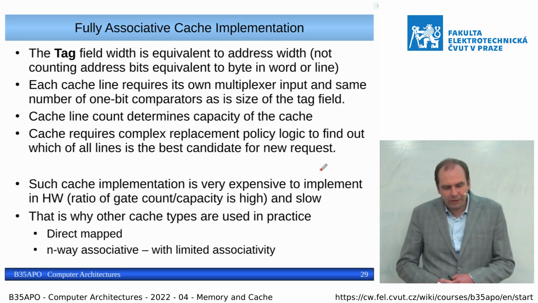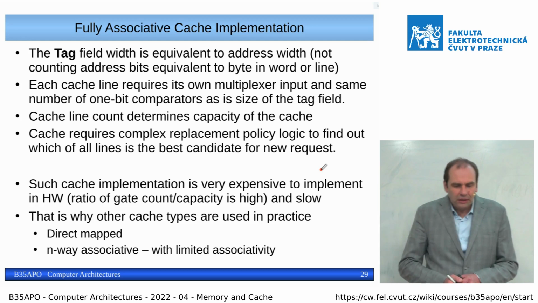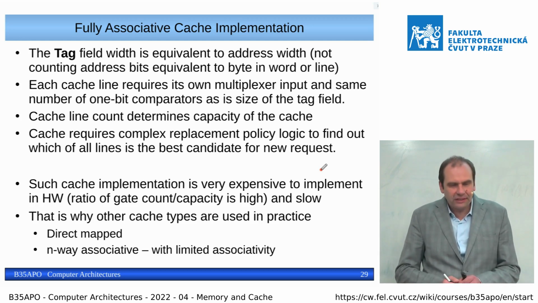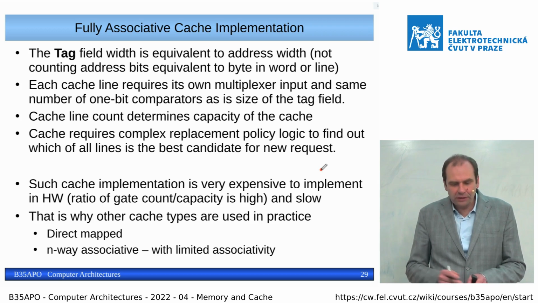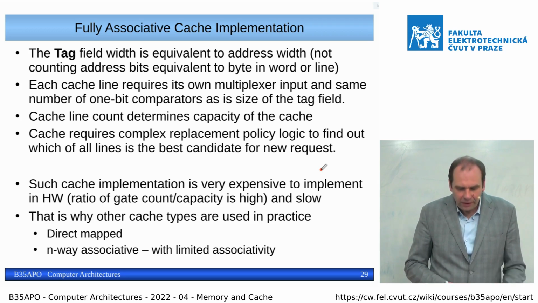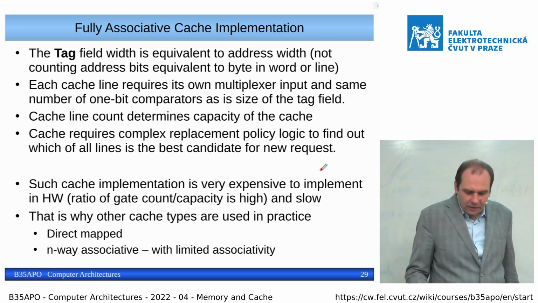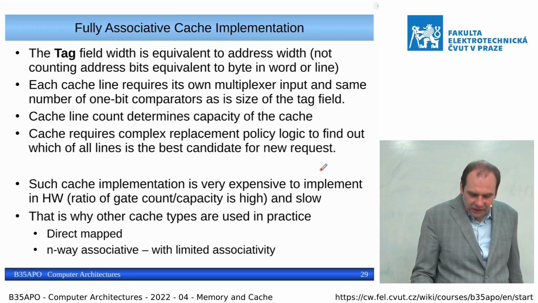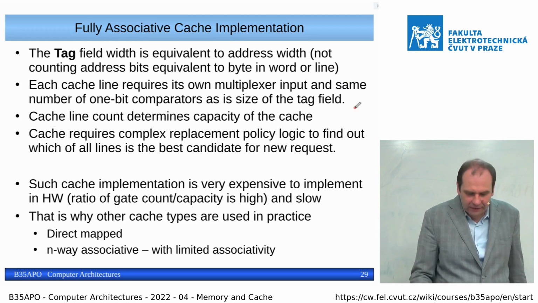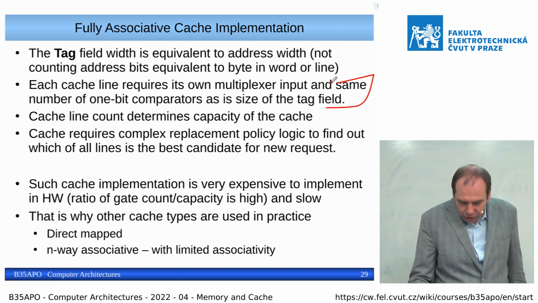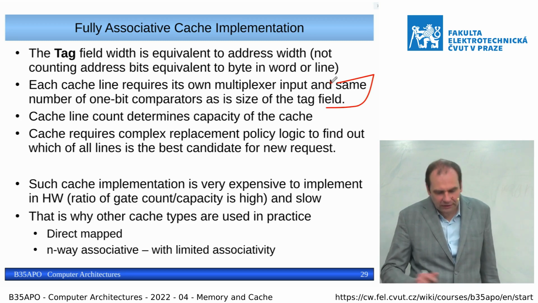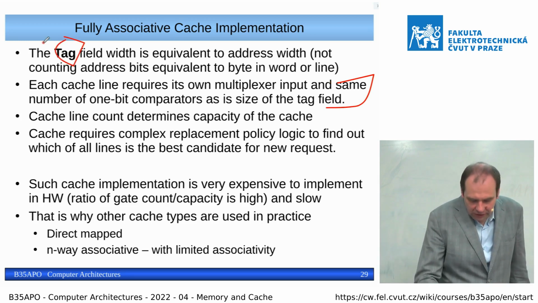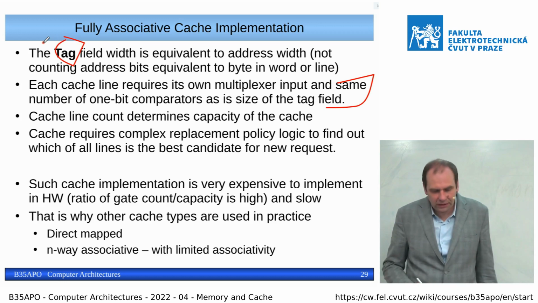Okay, important is that we need to keep a tag there, because we need to know with which data in the main memory the value corresponds. And we need to add some comparators to check whether each line has a matching tag for a fully associative memory.